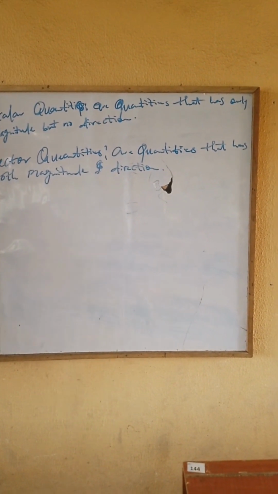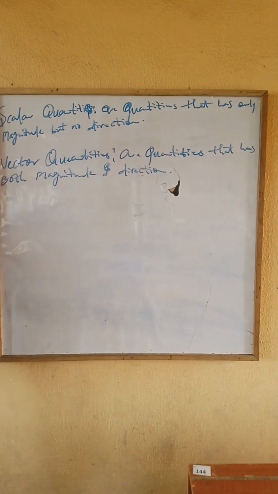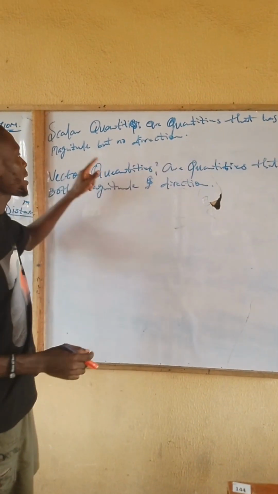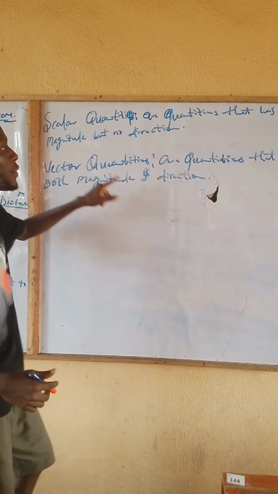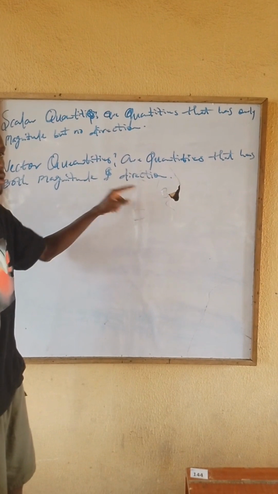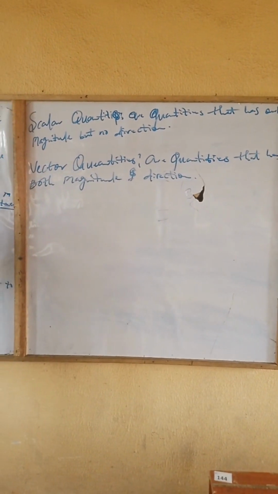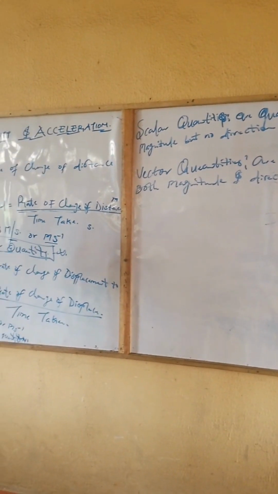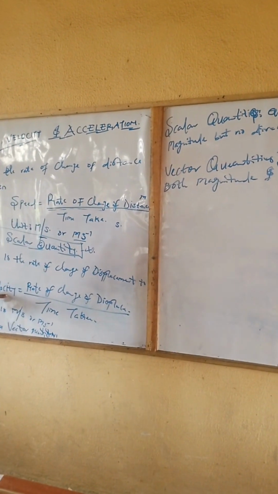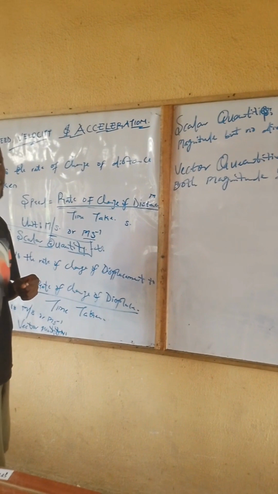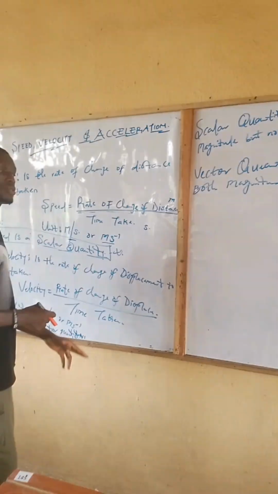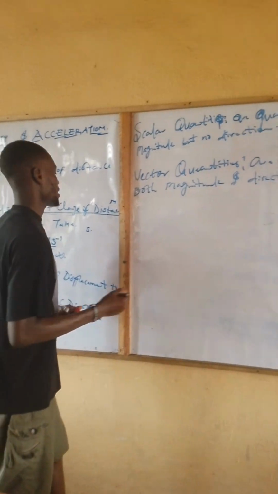Scalar quantities have only magnitude but no direction, and vector quantities have both magnitude and direction. That means speed has magnitude but no direction, but velocity has both. That's why it's called a vector quantity. So now moving on to acceleration.